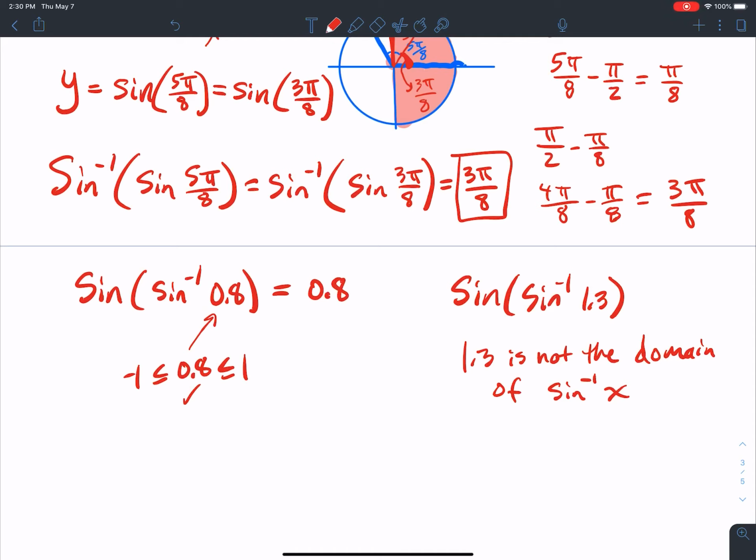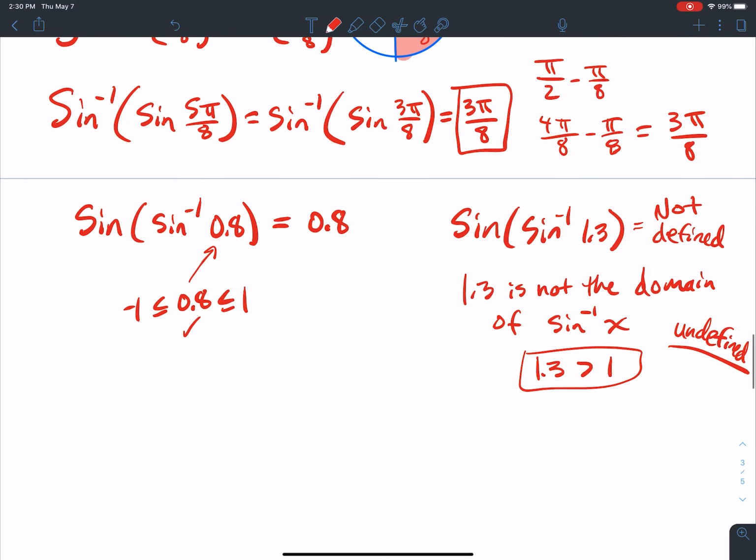So 1.3 is greater than 1, and therefore this is not defined. If you want to put undefined, that's fine too. That's typical. You would say undefined here.